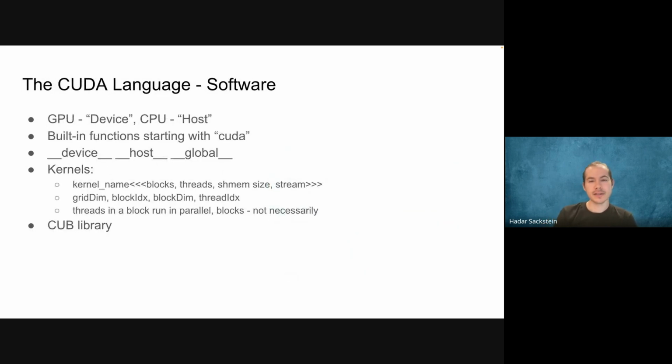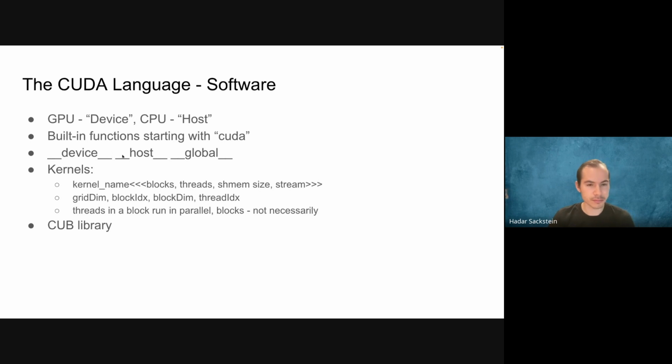Now, getting into the actual software, the actual CUDA language. We distinguish between the host and the device. The CPU is called the host, and the GPU is called the device. In the language, it's basically an extension to C++, and it has many built-in functions that usually or maybe always start with CUDA.